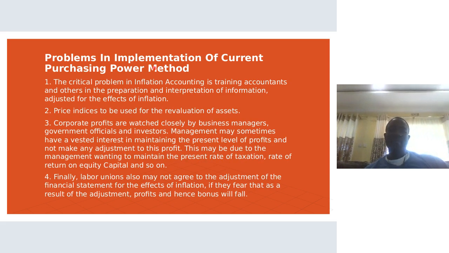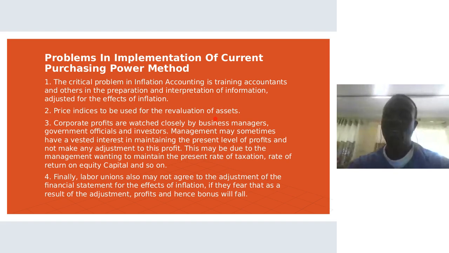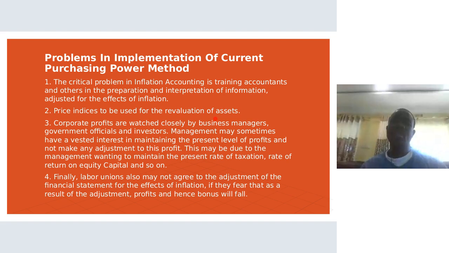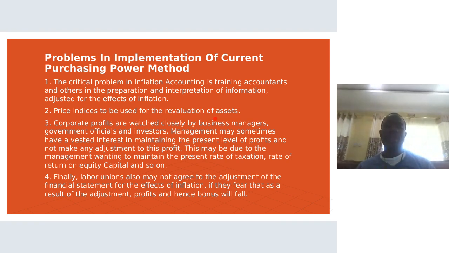Then we have the problems or the disadvantages. Two is that the price index to be used for the new assets. It is very difficult to maybe decide on a price index. That is because of the fluctuations on the prices of goods and services in a country.